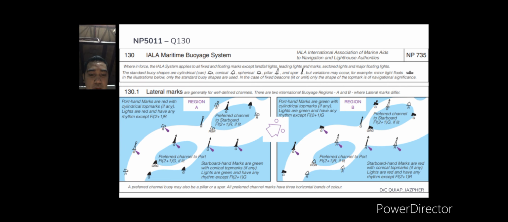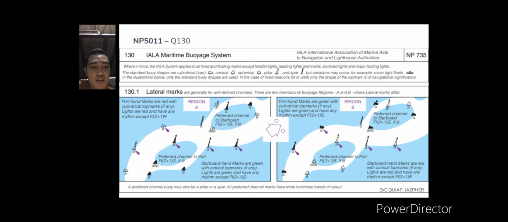For example, minor lights in the illustration below. Only the standard buoy shapes are used. In the case of fixed beacons, the shapes of top marks are of navigational significance.